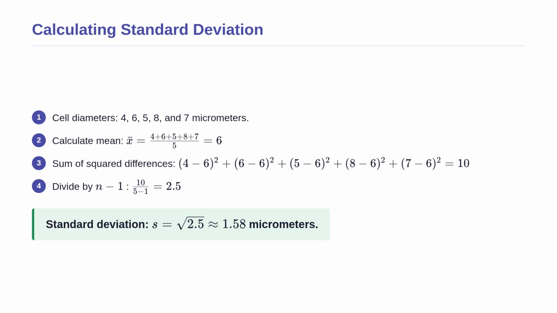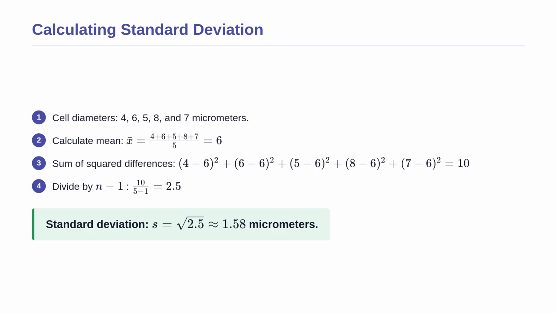Before we move on, let us see this formula in action with a concrete example. Suppose you measure the diameters of 5 cells under a microscope, getting 4, 6, 5, 8, and 7 micrometers. We want to find the standard deviation to understand how much they vary in size. First, we calculate the mean by adding the values and dividing by 5, giving us a mean of 6.